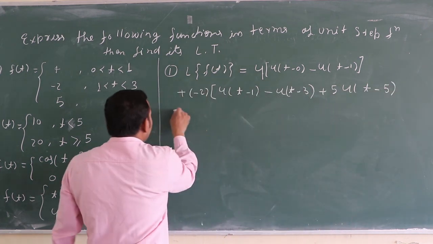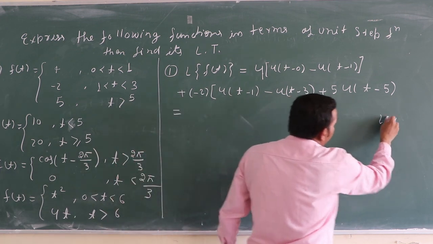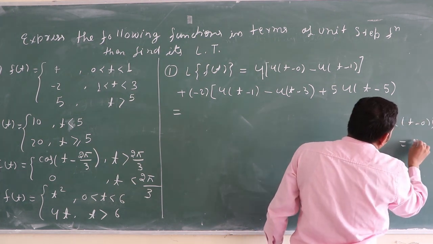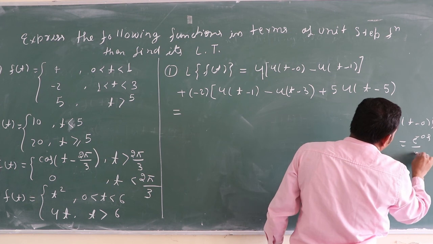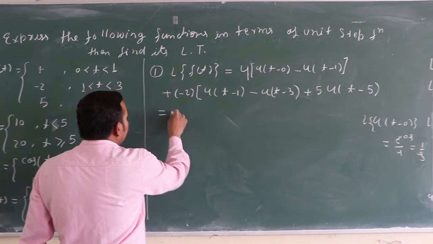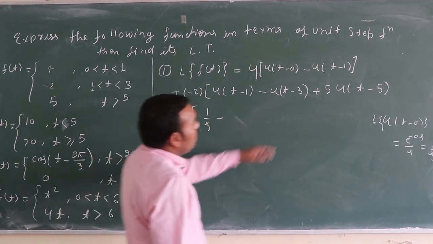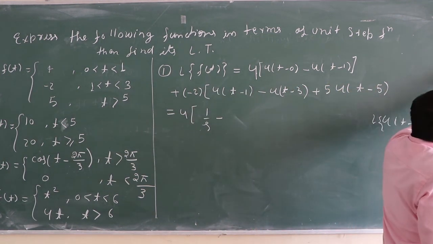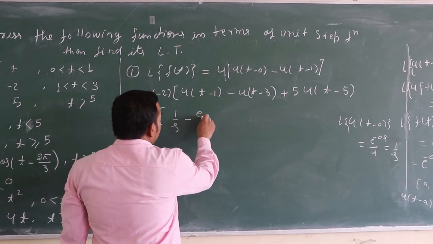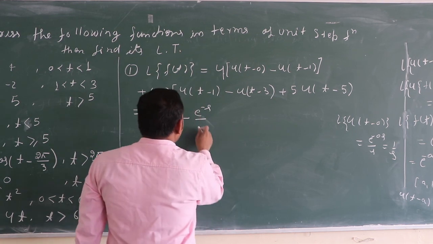Then you know Laplace of u(t minus 0) means e to the power minus 0s upon s, that is equal to 1 upon s. So Laplace of u(t minus 1) upon s minus u(t minus a), here a equals 1, replace a by 1, so simply we get e to the power minus s upon s.